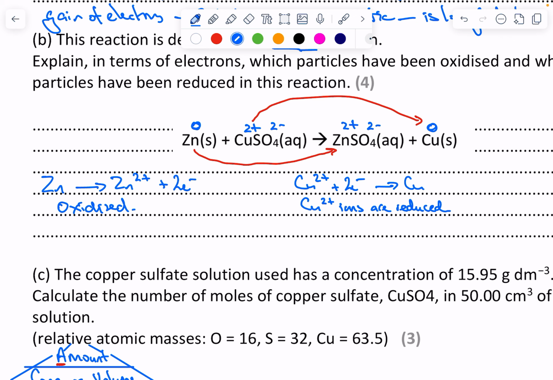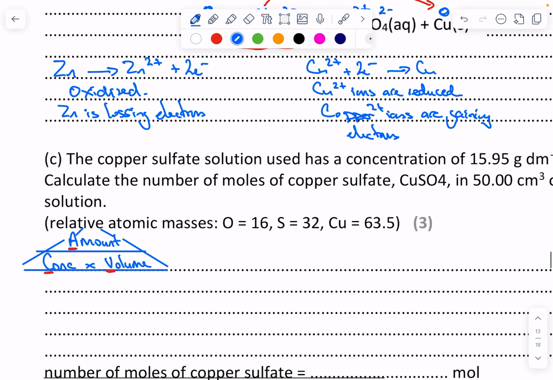In terms of electrons, here I would say zinc is losing electrons. Let's make sure we get all the marks. And the copper ion, Cu2 plus ions, are gaining electrons. But if you put the equation in, you wouldn't need to write those two last lines.